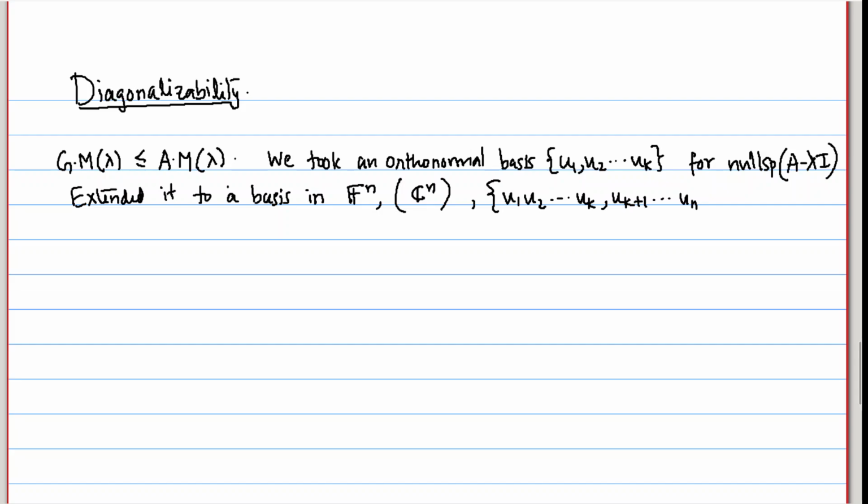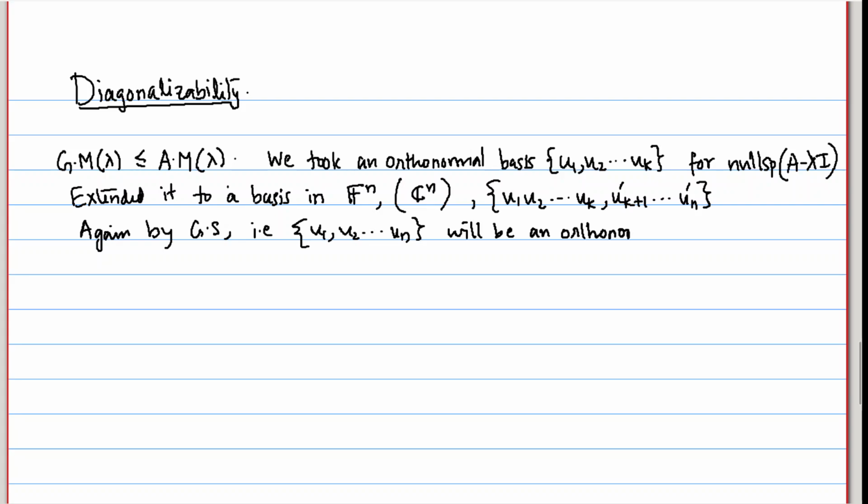This need not be orthonormal, so let me call these uk plus 1 tilde, but by Gram-Schmidt you can make this orthonormal. That is, u1, u2 up to un will be an orthonormal basis of Cn.